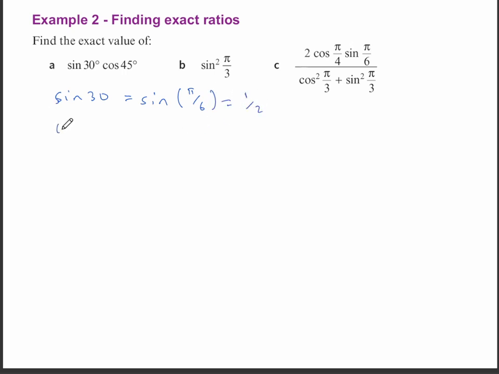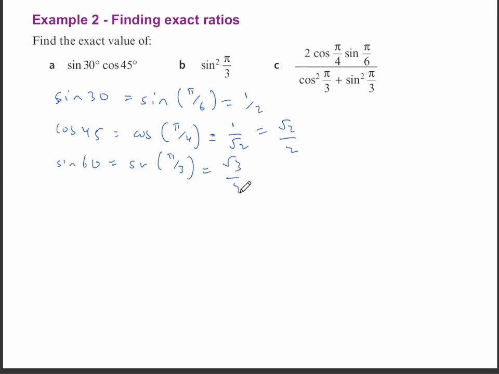Then we know cos 45, which is cos of pi over 4, which is 1 over root 2 or root 2 over 2. Then we know the value of sine 60, which is sine pi over 3, which is root 3 over 2.